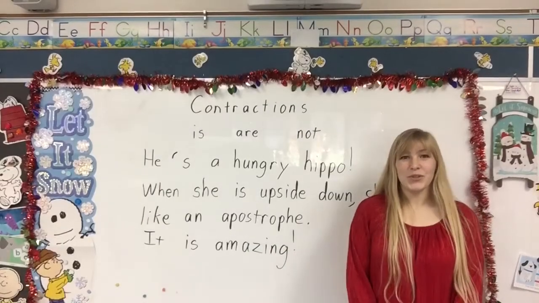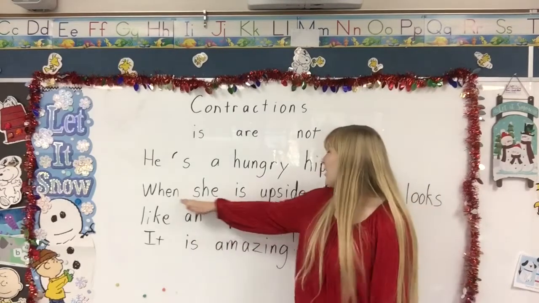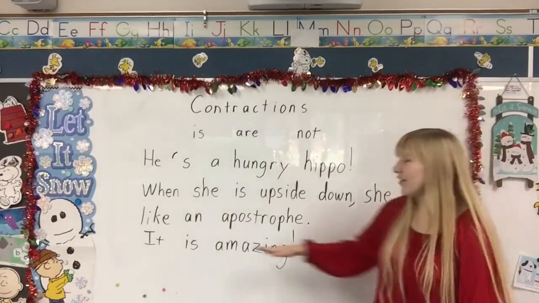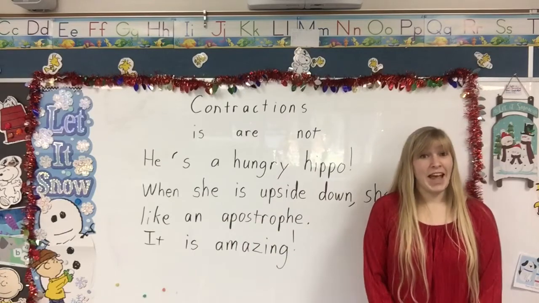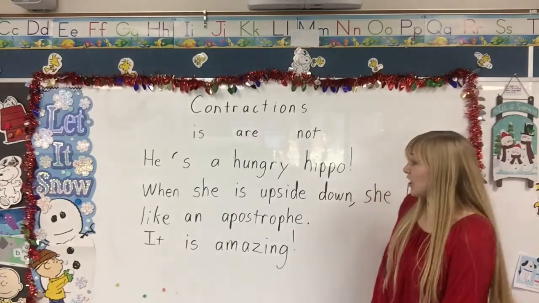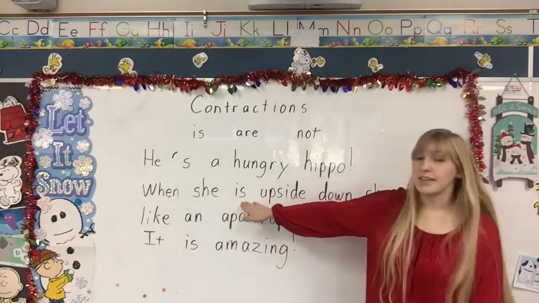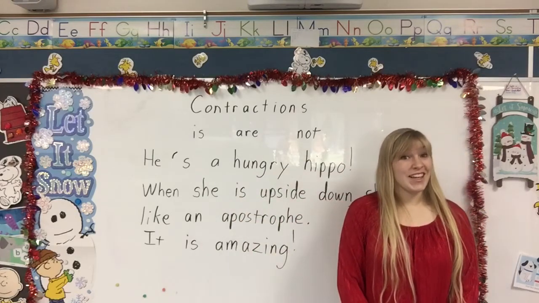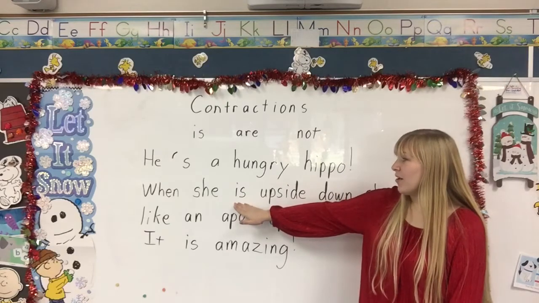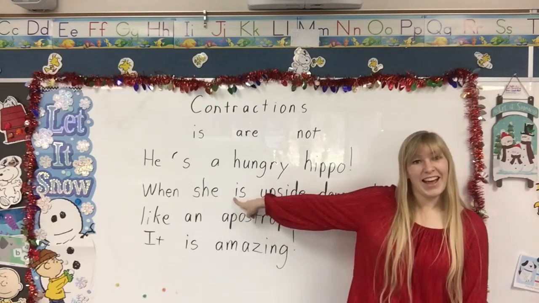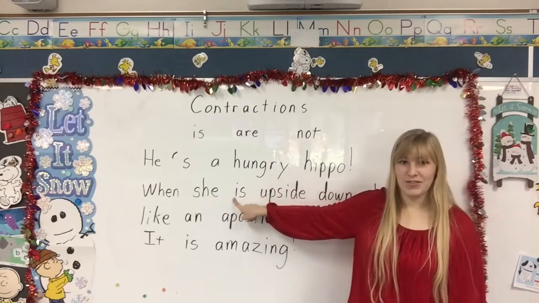Now I have two new sentences written. When she is upside down, she looks like an apostrophe. There's a contraction we can add to this sentence. We can change she is to another word using a contraction. Remember how we changed the word is? We got rid of the vowel I and changed it to an apostrophe.